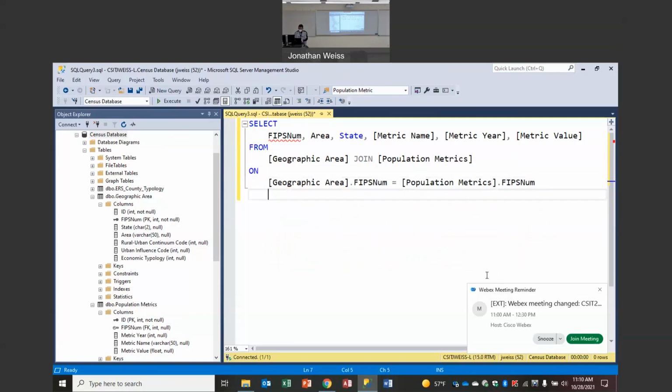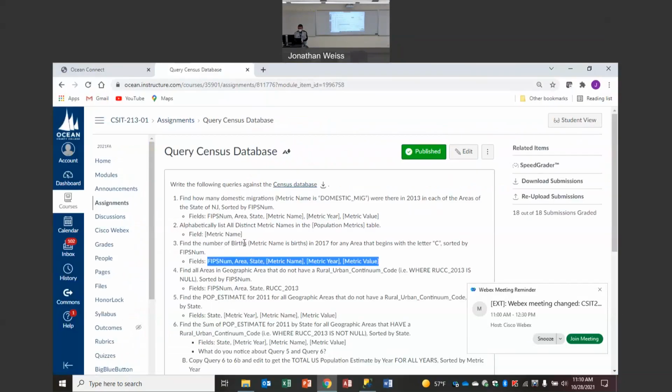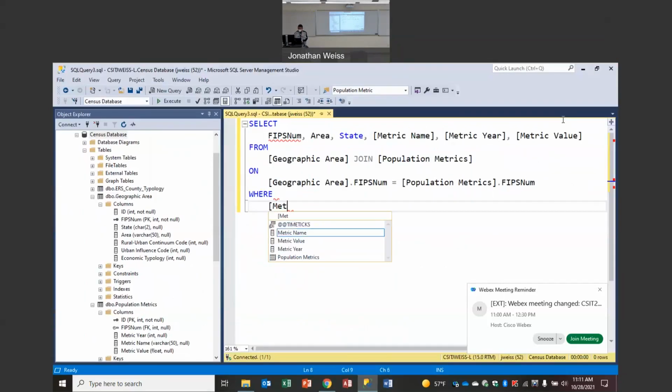All right. Now we need to worry about what the select predicate is. Let's look at what it says. It says the metric name is births. The year is 2017 rather. And the area begins with the letter C. So we can do that left to right.